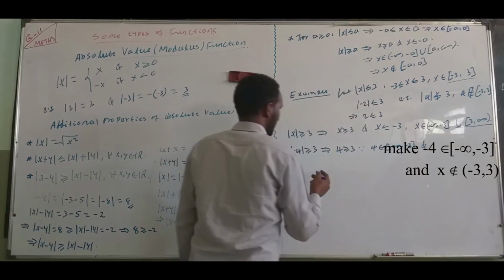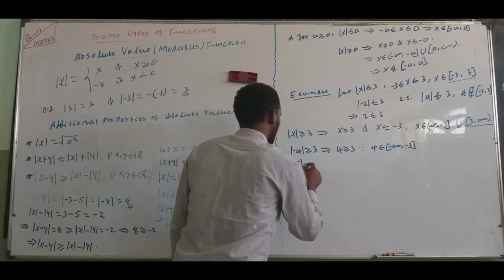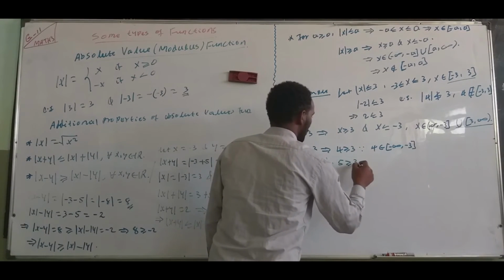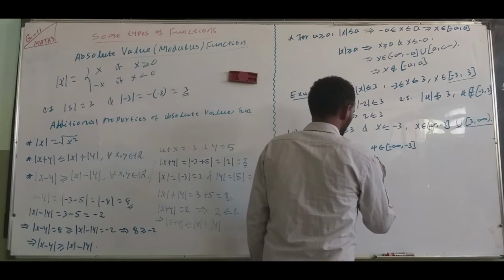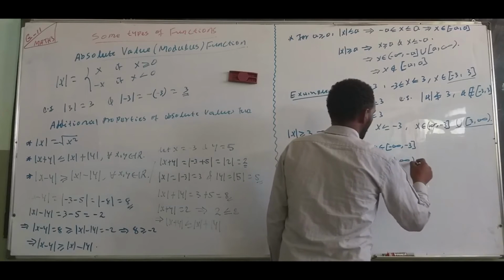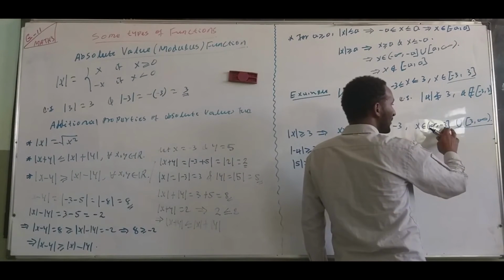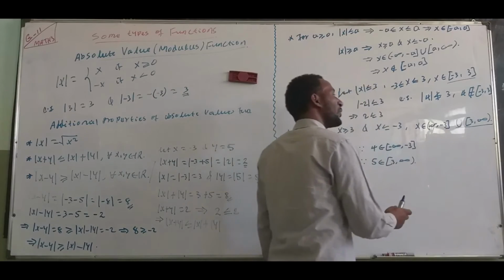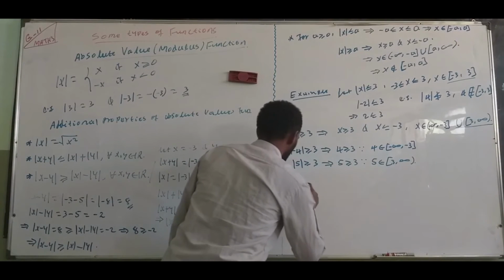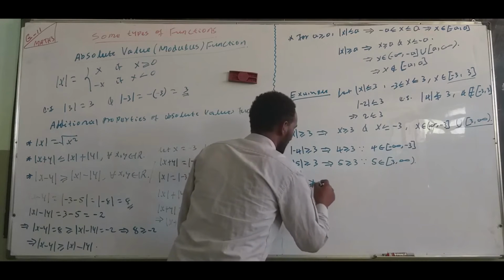And let us take the absolute value of 5. The absolute value of 5 is greater than or equal to 3. This implies that 5 is greater than or equal to 3 because 5 is an element of 3 to positive infinity. When we take a number between negative 3 and 3, let us take negative 2, the absolute value of negative 2 is not greater than 3.